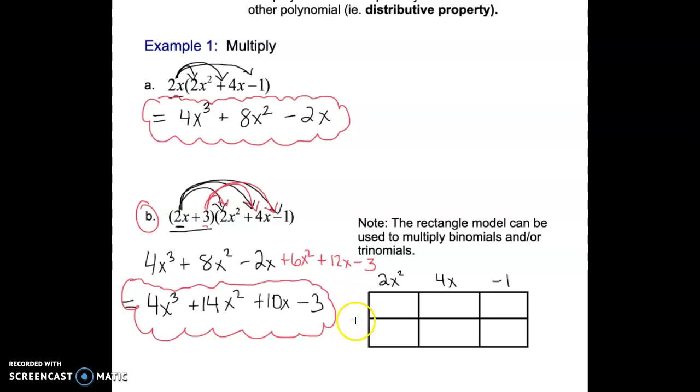Then along the side, we write 2x plus 3. So you're writing your trinomial along the top and your binomial along the side. You can think of this as length times width of a rectangle, with the inside as the area. This is another method.